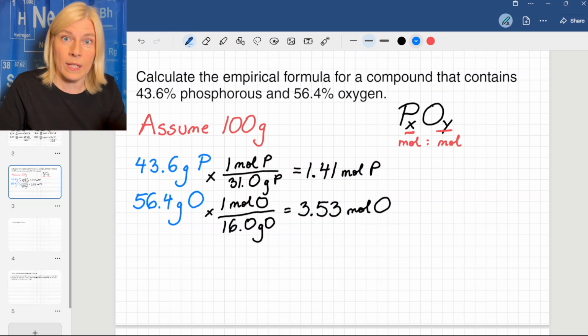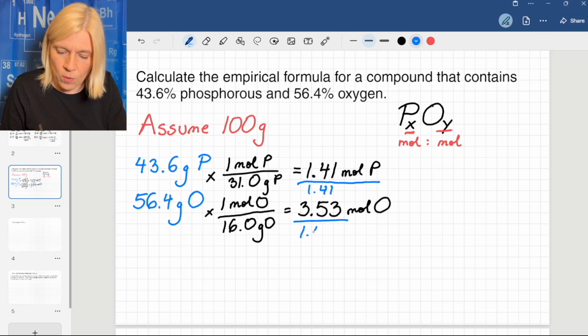That will give me one number to be 1. Let's do that. Let's divide. I'm doing a color change here on purpose. If I divide by 1.41 and I divide this by 1.41, now I'm going to have 1 mole of phosphorus.